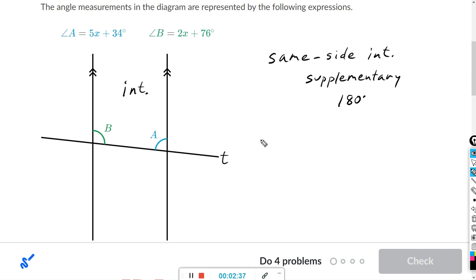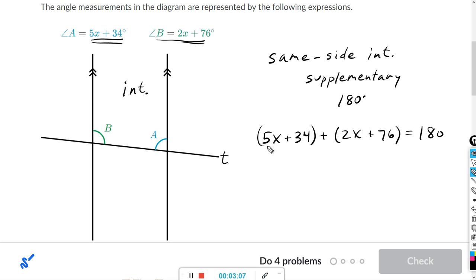The measure of angle A is 5x plus 34. The measure of angle B is 2x plus 76. And those equal 180.